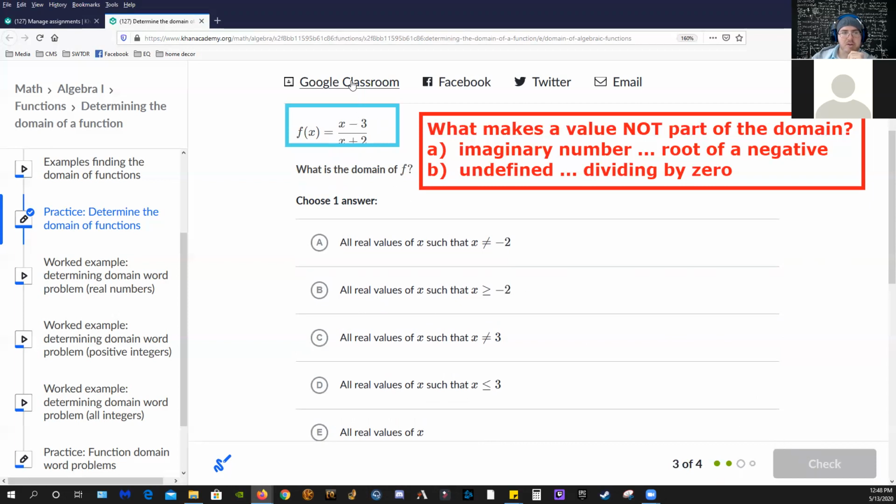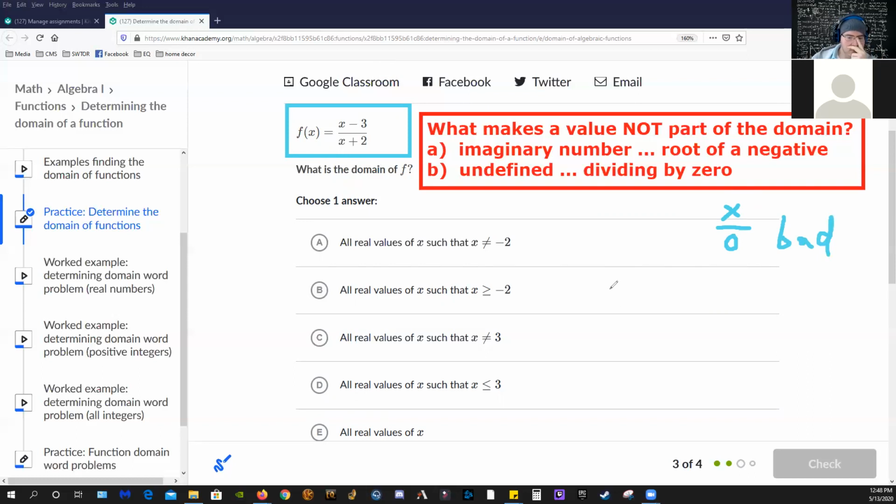Okay, so this one's a fraction. As soon as I see a fraction, I'm worried about having an undefined value. So the goal here is to make sure that we don't end up with a 0 in the denominator, because that's bad.